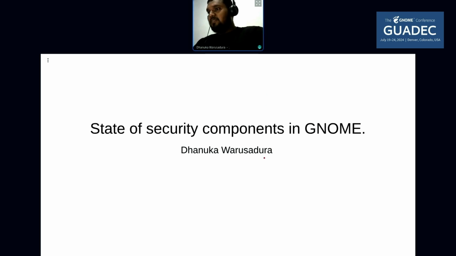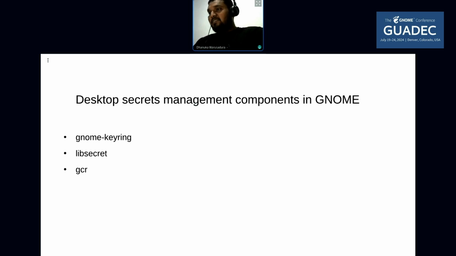Today, I'm going to talk to you about the state of security components in GNOME quickly. Specifically, I want to talk to you about the status of desktop secret management components in GNOME, which are the following components: gnome-keyring, libsecret, and GCR.